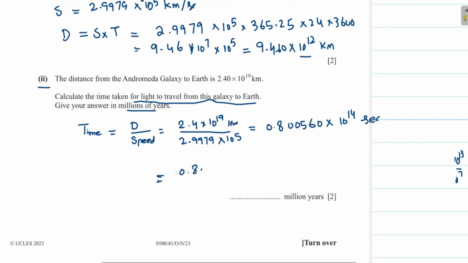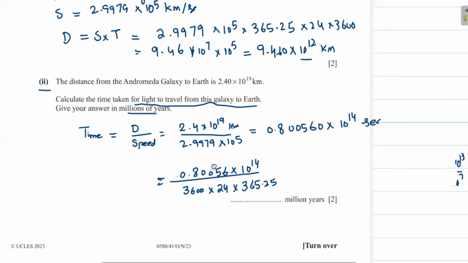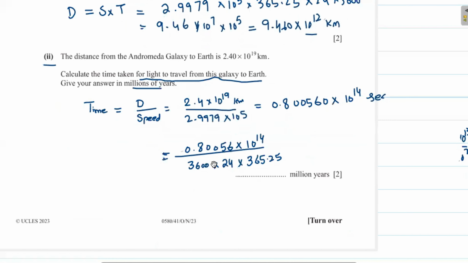We divide this value 0.80056 multiply 10 power 14 by 3600, this value will convert into hours. When we divide by 24, this value converts into days. Then we divide by 365.25, it will convert into years.